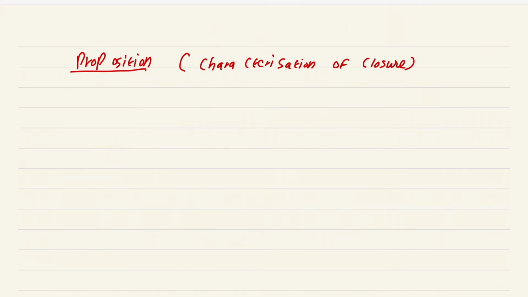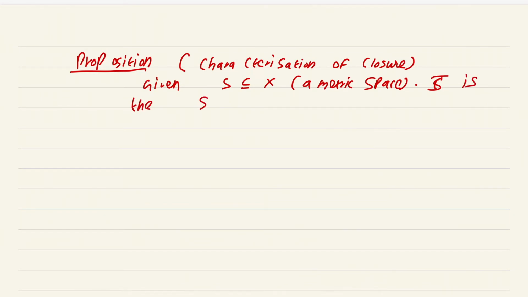This just says, given S a subset of X, again a metric space, then the closure of S is the smallest closed set that contains S.